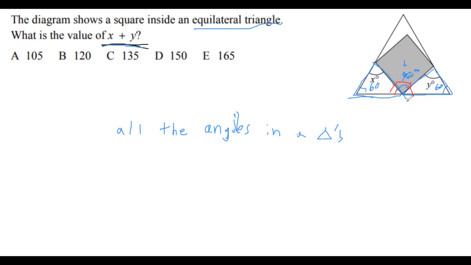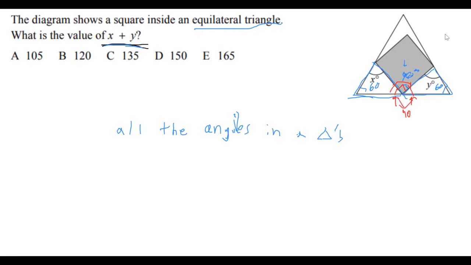And since the square in the middle is 90, that means that these two angles on the sides also add up to 90, because the two angles and the 90-degree angle in the middle have to add up to 180.